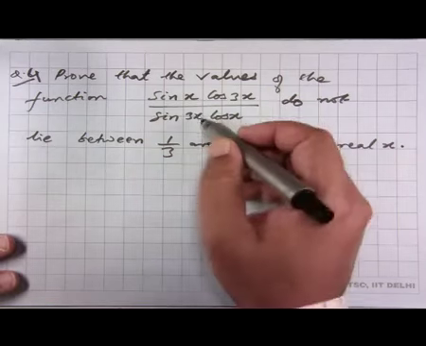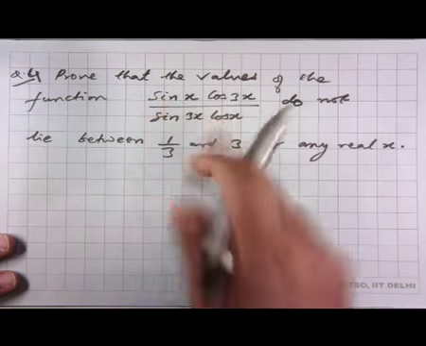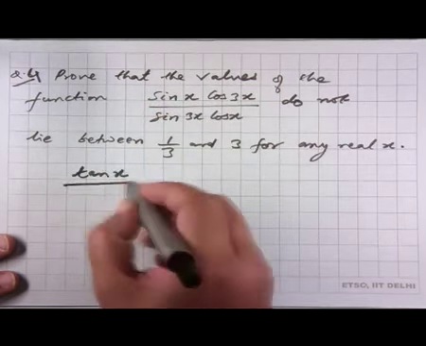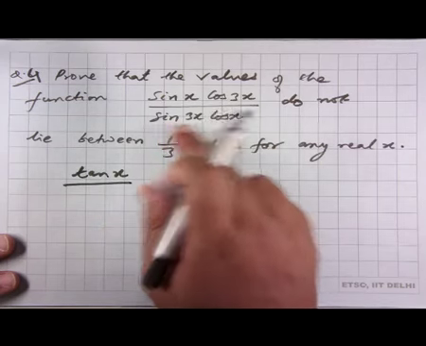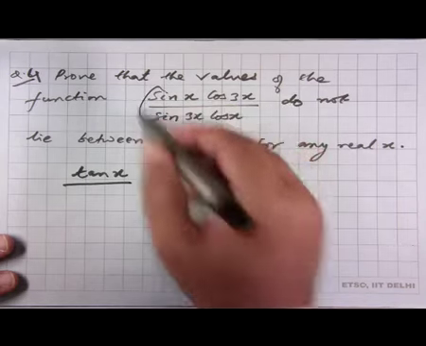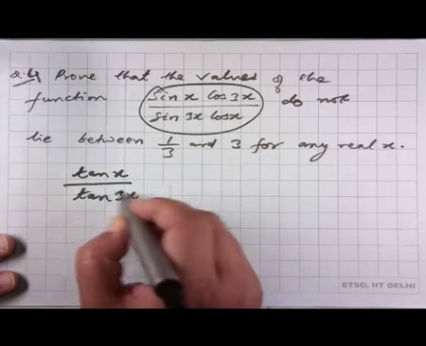So, starting off, we immediately realize that this is nothing but, because we see sin x and cos x, sin x over cos x is tan x, and then in the denominator we have sin 3x and cos 3x in the numerator. So, this entire thing is essentially equal to tan x by tan 3x.